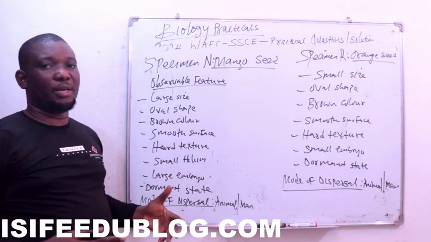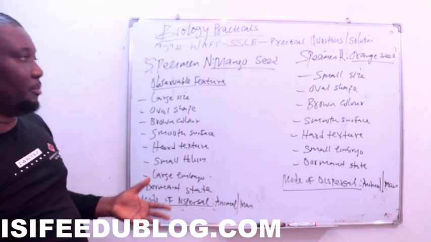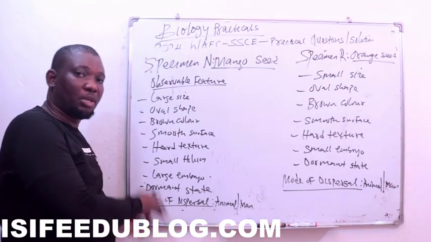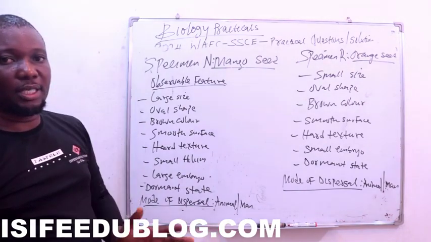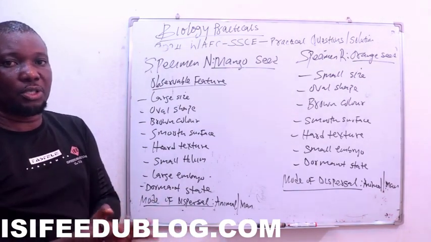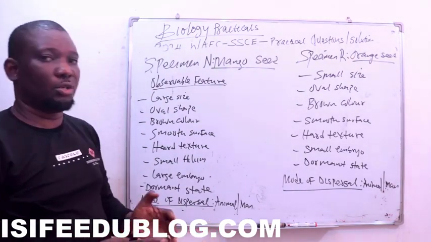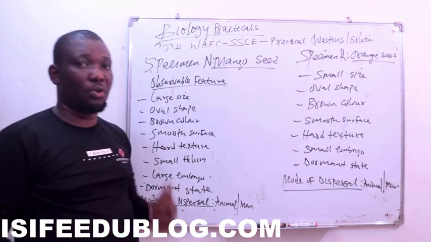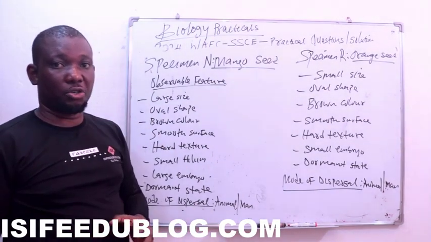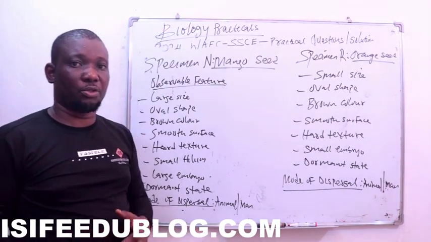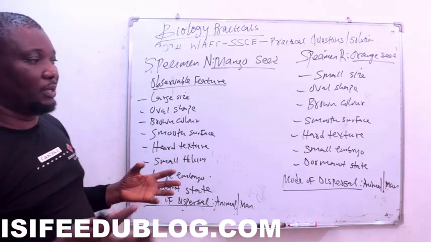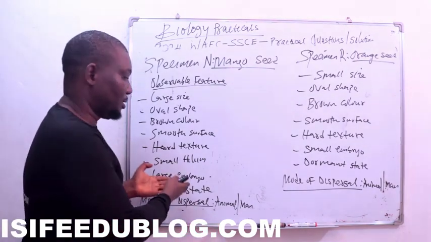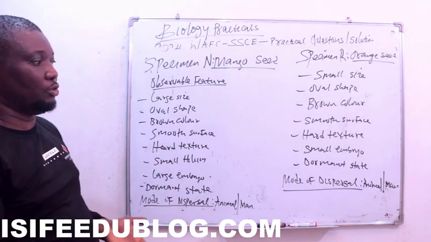Dormant means that if conditions are favorable, the seeds will start to germinate to give new plants. At this point it's dry, so there is no condition available. The conditions necessary for germination to occur are moisture, oxygen, good soil, and enzymes. Once all those things are available, these seeds can germinate into a new plant.